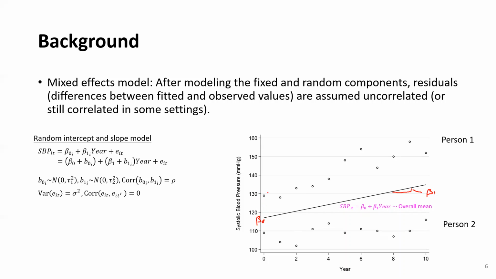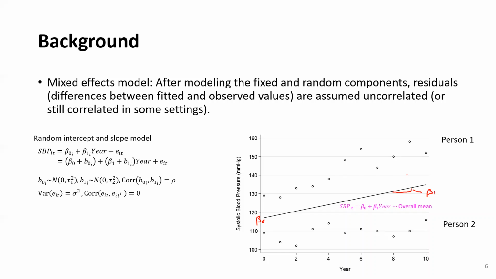This is an observed value, and when we take the difference between observed and fitted for person 1, the difference between this and this, they are always positive. And for person 2, the difference is always negative because person 2's values are always lower than the overall mean. So they are still correlated.